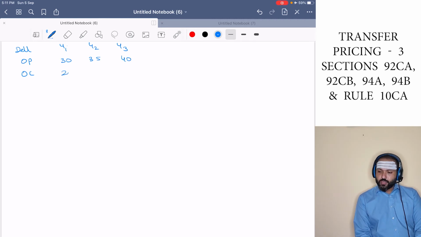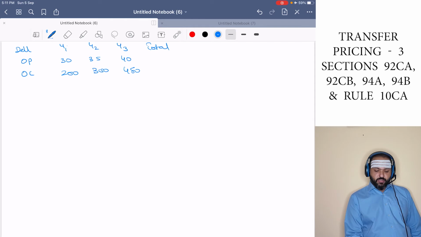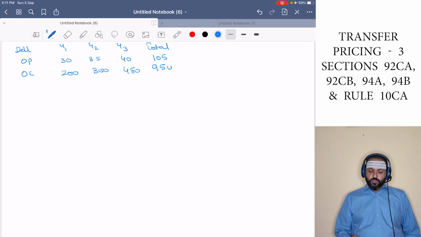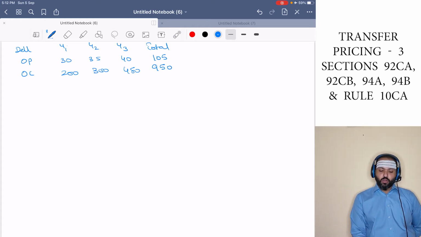Operating cost is 200, 300 and 450. So let us take the total. It will be 105 and 950. Okay, so this is going to be the total operating profit and total operating cost.